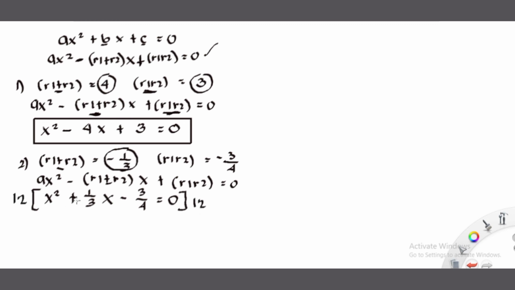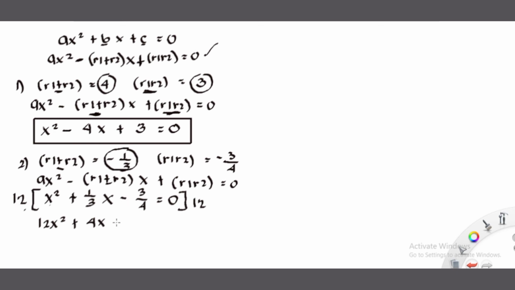So, multiply each term. 12 times x squared, that is 12x squared, plus 12 times 1/3 x. So, we will just cancel 12 and 3. So, divide natin si 12 sa 3, that is 4. Okay? Or, sige, direct natin. 12 times 1/3, that is 12/3. 12 divided by 3 is 4 times x, 4x. And then, 12 times negative 3/4. So, cancel na yung 4 eh. 4 and 12 both divisible by 4. 4 will become 1, 12 will become 3.